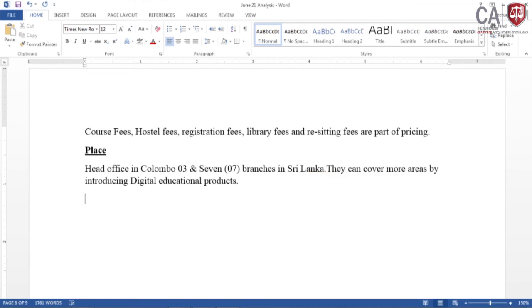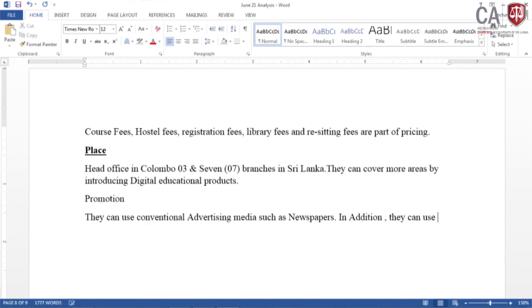Then promotions, so they can use conventional advertising media, such as newspapers, in addition they can use some sales promotions, some discount for the courses, then exhibitions, educational exhibitions.